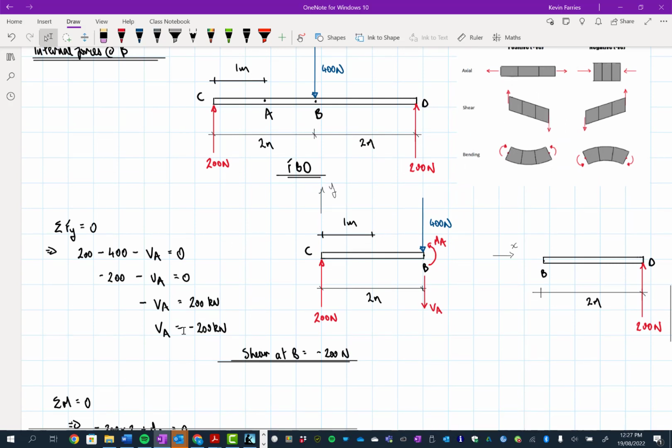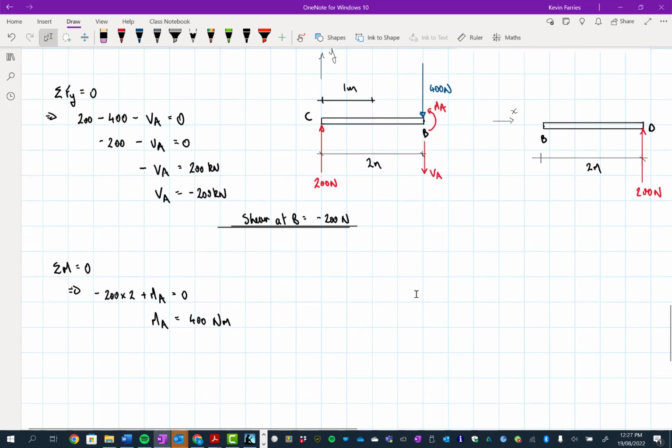But when we came through, that value for VA was negative. Therefore, we know it's the wrong way around. It would actually be up, and so therefore it must be a negative shear. So we know the shear is negative. And so the moment at B is equal to 400 Newton meters.